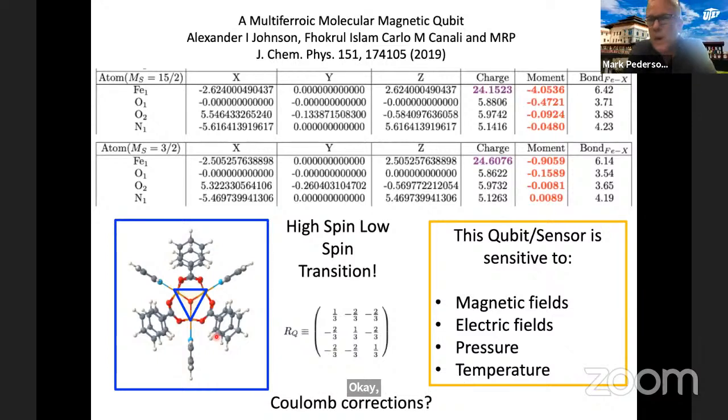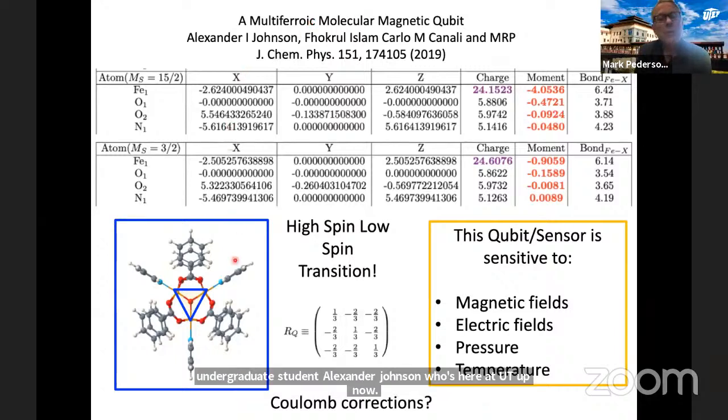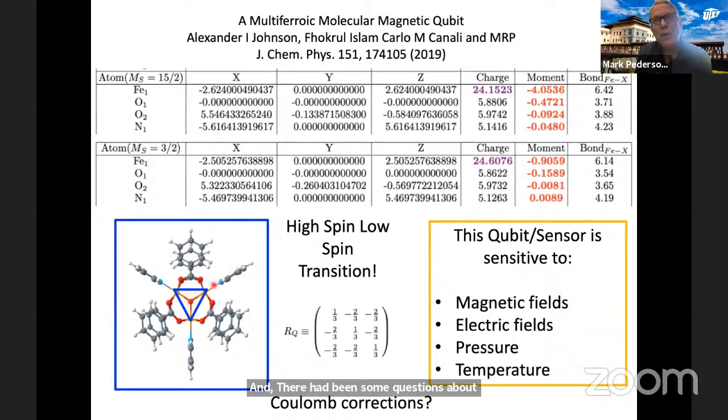Okay, so recently there was a group in Europe that confirmed what's known as the magnetoelectric effect in this iron 3 molecular magnet, and I show it here on the left. I did some work on that with my colleagues in Sweden, Carlo Canali and Folker Islam, and an undergraduate student, Alexander Johnson, who's here at UTEP now. There had been some questions about why there were two different size dipole moments forming.